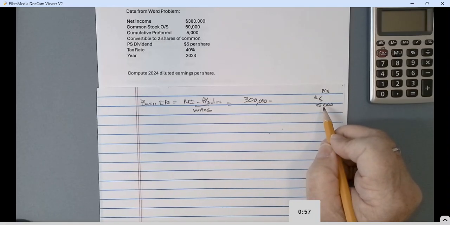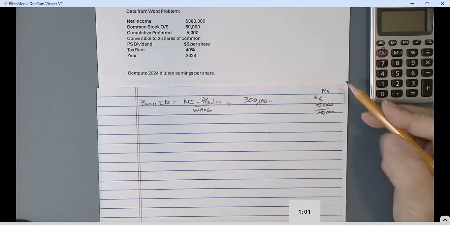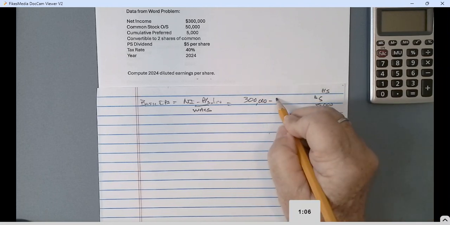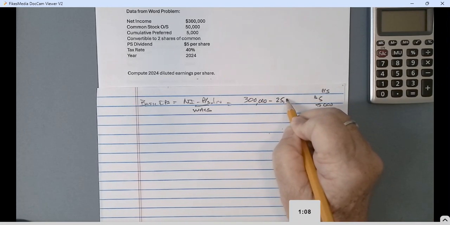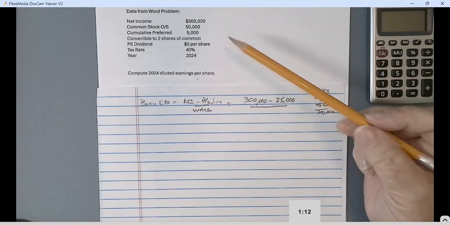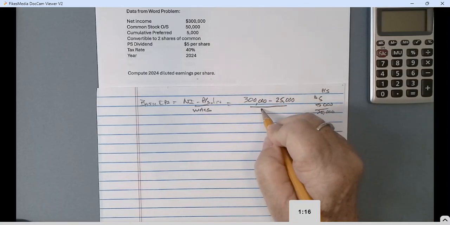So I am going to have 25,000. We could do that either on the side or in our calculator. We calculate our preferred stock dividend, and our weighted average common shares remain the same at 50,000.